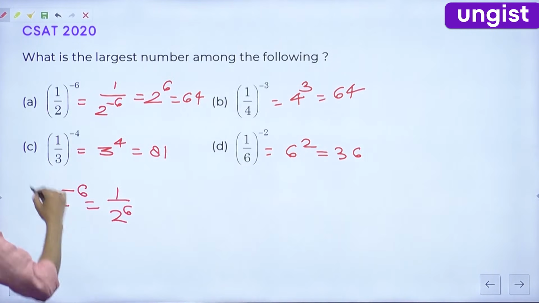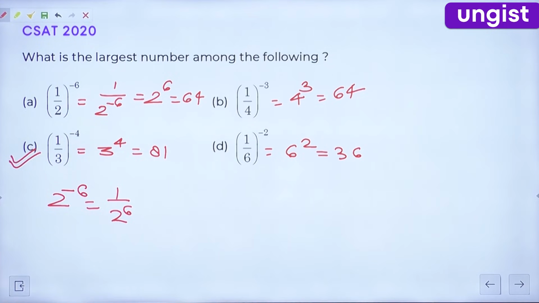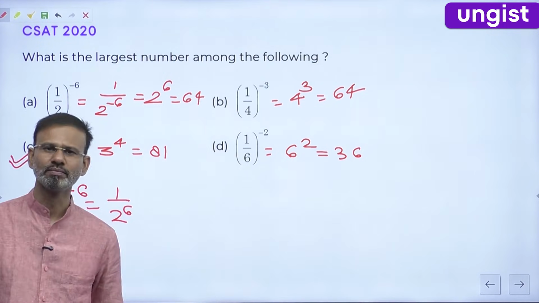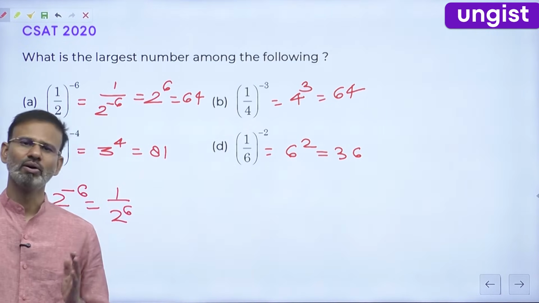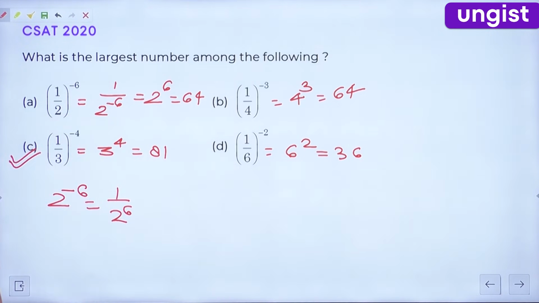Right? So 81 is the largest. The answer is C. ठीक है? Any doubt? Clear now? Any query, anyone in the class? Online students, guys, any doubt, any query?